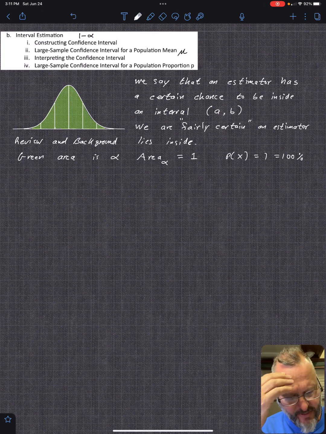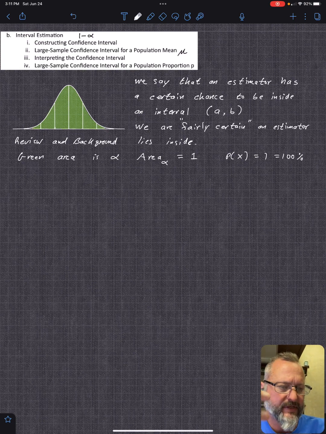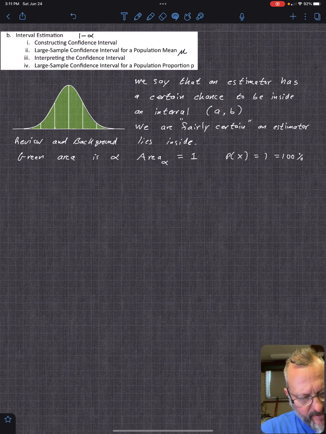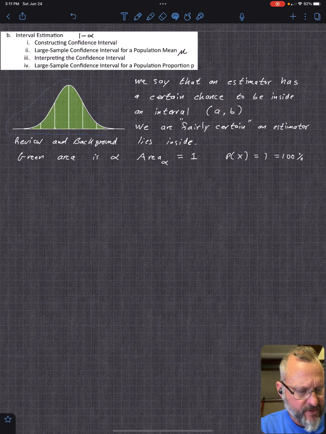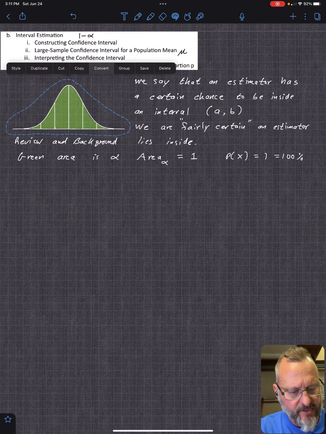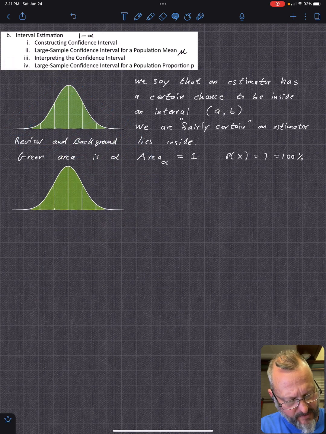Now we're going to look at the confidence intervals, because we can never be 100%. All right, so let's take a look at these confidence intervals. So I'm going to copy that again and redraw stuff. Let's duplicate it and copy it down here.